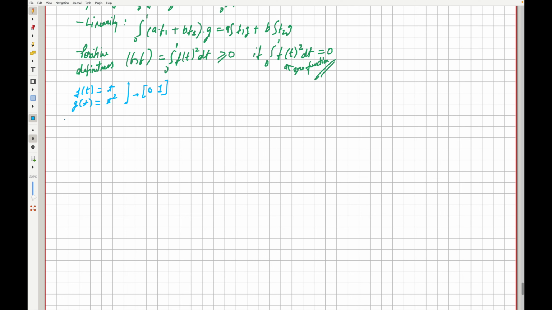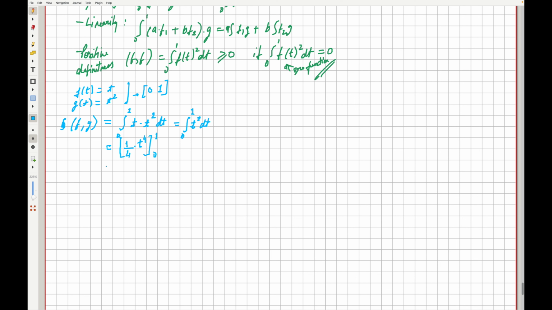Let's first perform the inner product of these two functions f and g, which is going to be the integral from 0 to 1 of t multiplied by t squared dt. This calculates out to the integral of t cubed dt, and when we compute the integral, we get 1 by 4 times t raised to the power 4, and these values go from 0 to 1.